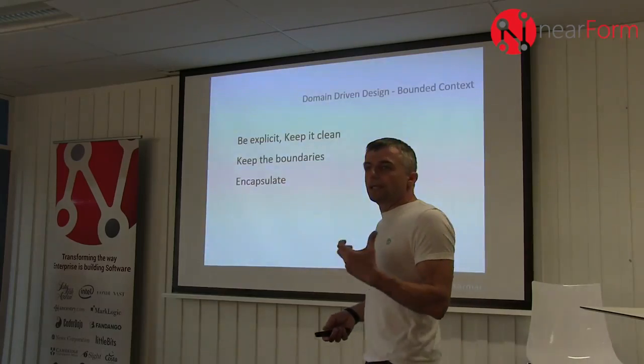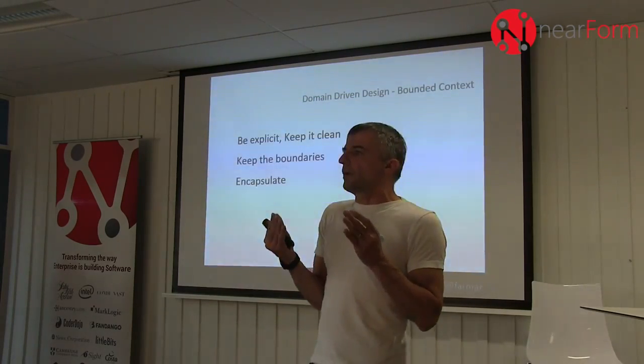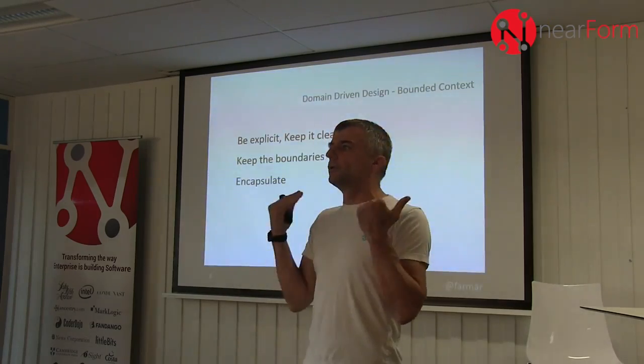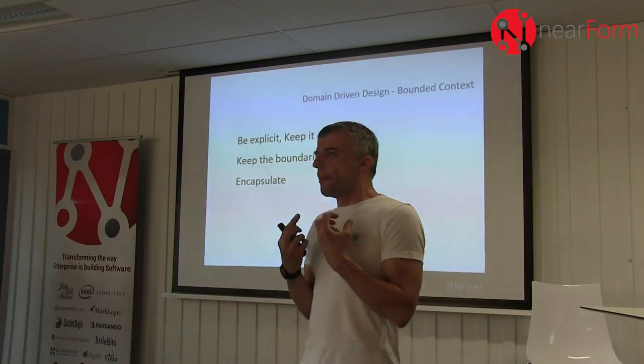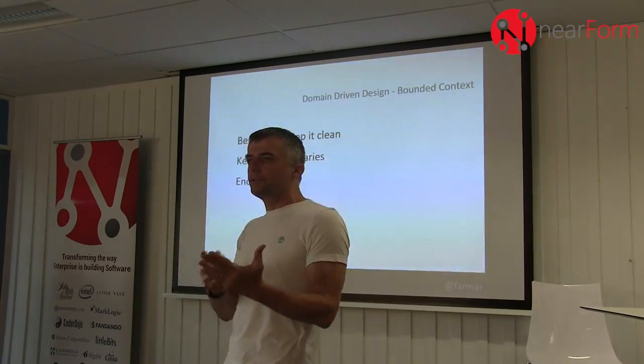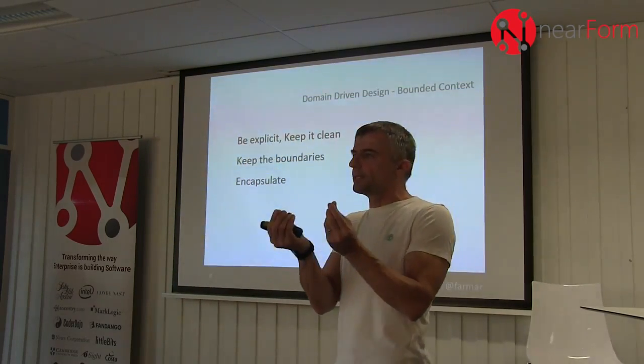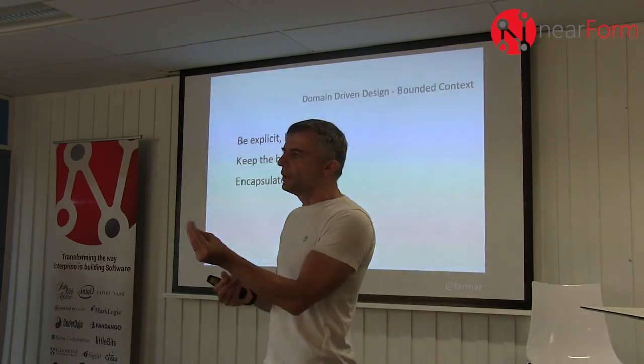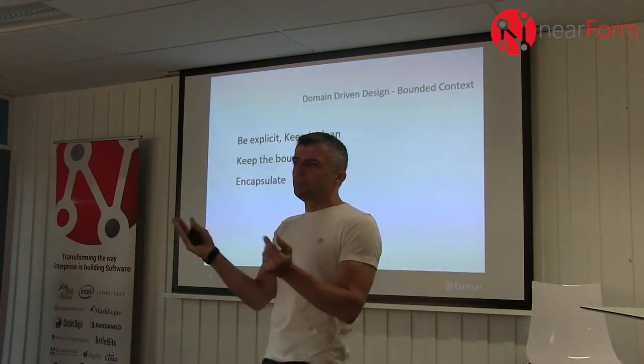So explicitness is the first step of understanding. Again, when you look at the domain, a new domain or existing domain, you have to find this explicitness, this context that says, this is what I'm trying to do, and we all agree, this is what he's talking about, the ubiquitous language.